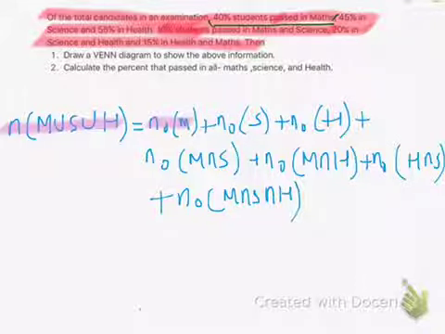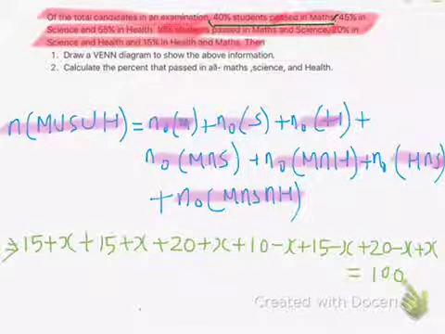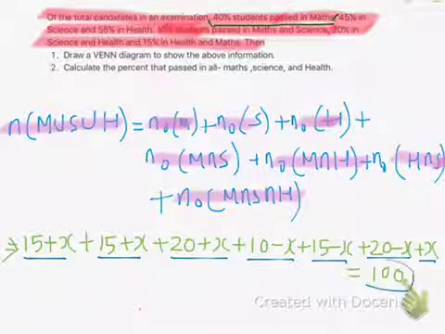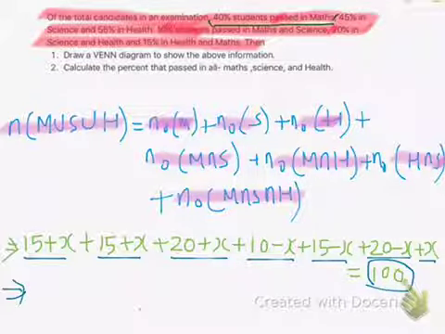Here 15 minus X, 15 plus X, 15 plus X, 20 plus X, 10 minus X, 15 minus X, 20 minus X, plus X sums up to give 100.